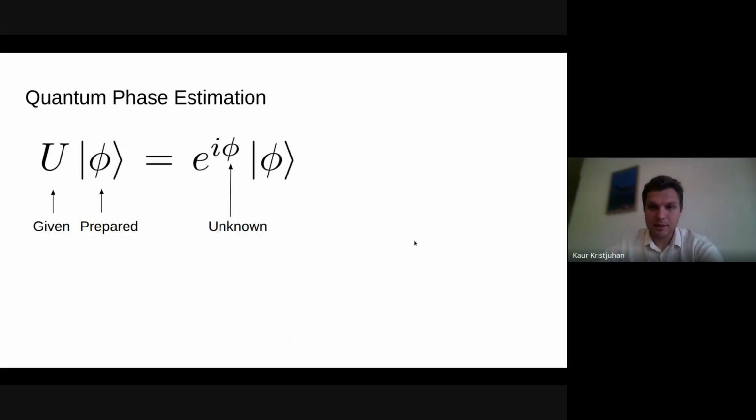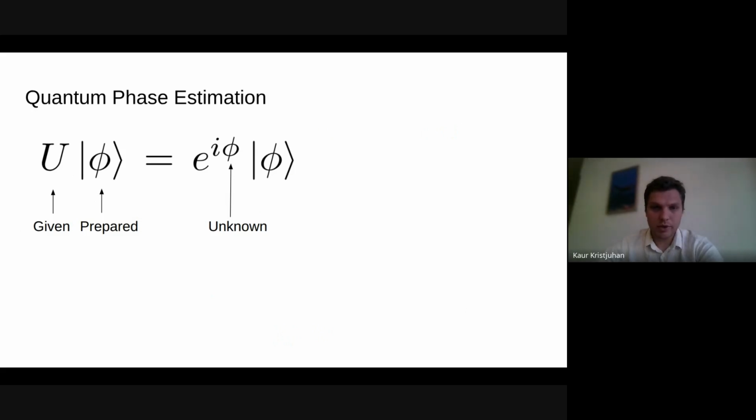So the task is that we have this ket phi prepared on our quantum computer. We know what U is, and we'd like to find this phi, which is a number. And there's an algorithm for that. It's called the quantum phase estimation algorithm.